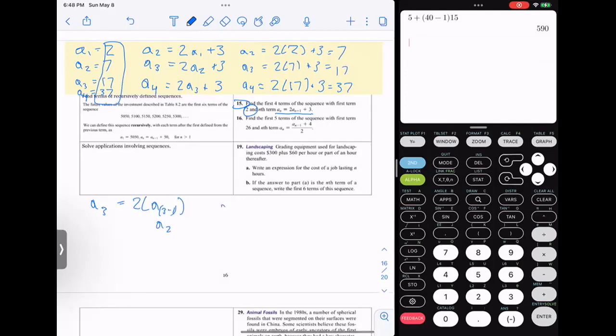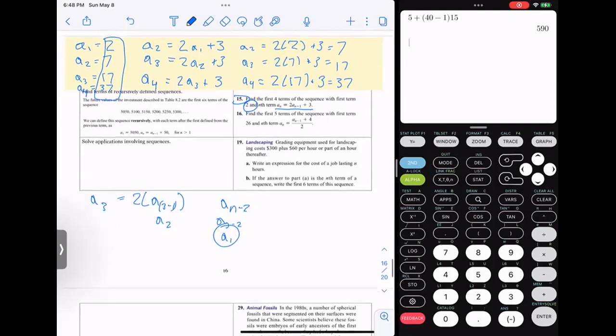So if it was A of n minus 2, and we want to find A3, we'd need A3 minus 2, or A1, which is our first term. We're just plugging in whatever term it asks for. Any more questions on page 16?